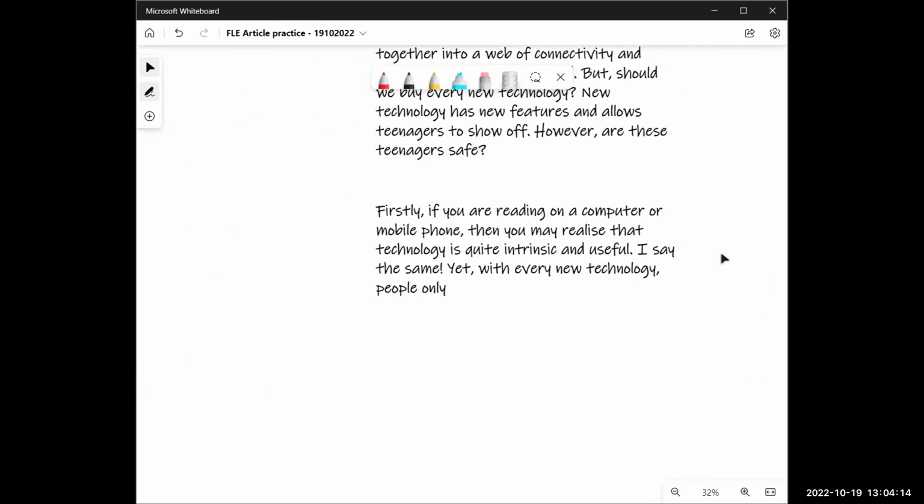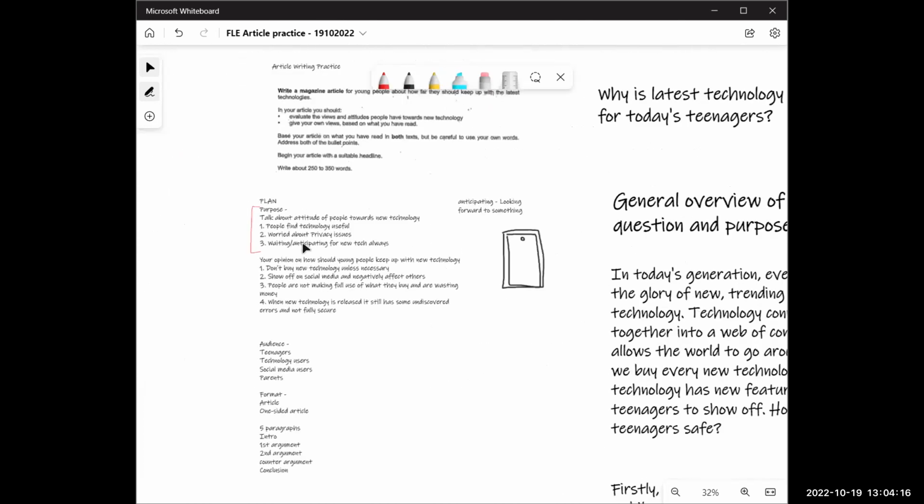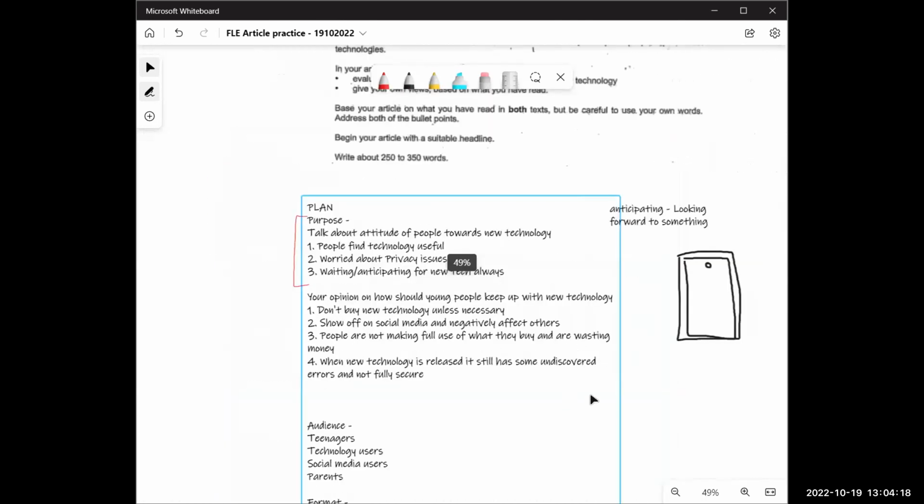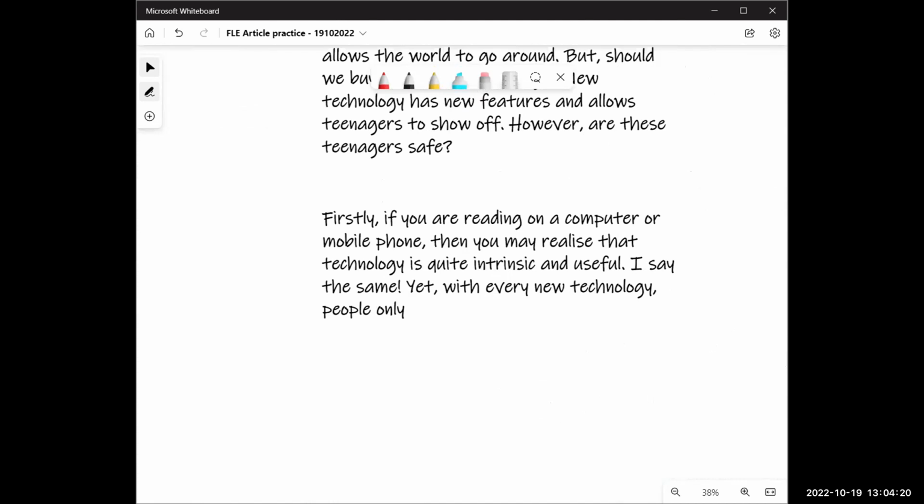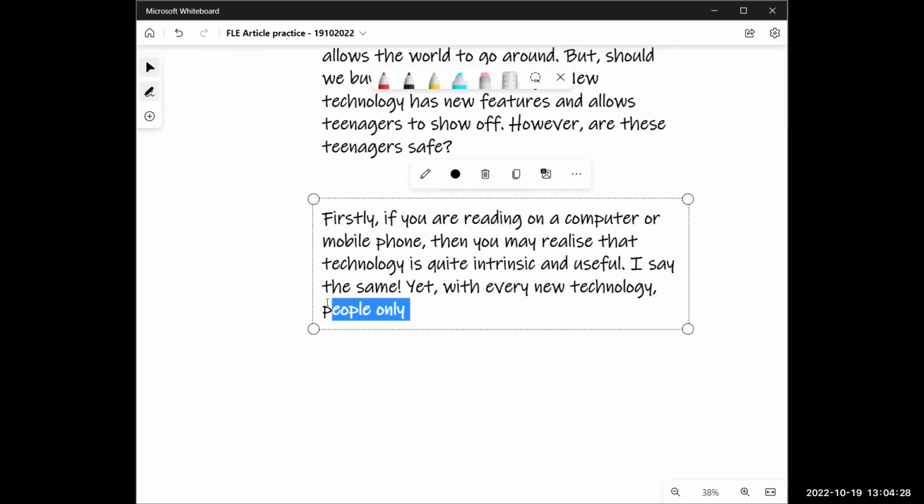What do I say after this? Tell me. The next point is about privacy issue. So what should I say? Yet with every new technology, let's say the features only seem to get better.